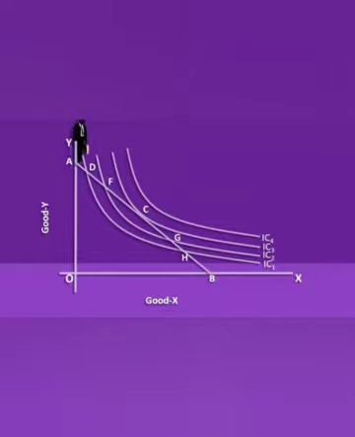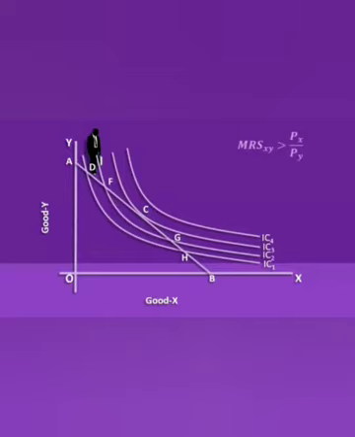The consumer prefers to move from point A and he reaches point D. He examines his position. He finds he is on indifference curve 1. He believes he can go for a higher level of utility. Again, he compares the marginal rate of substitution of X for Y with the price ratio.